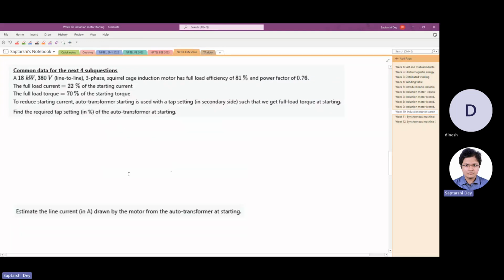So it gives a motor with 18 kilowatt, 380 volt, line to line. Obviously, again, this gives me a lot of frustration when someone mentions this in a BTech course. It's the first year thing. Line 3-phase voltage means line to line if nothing is mentioned.